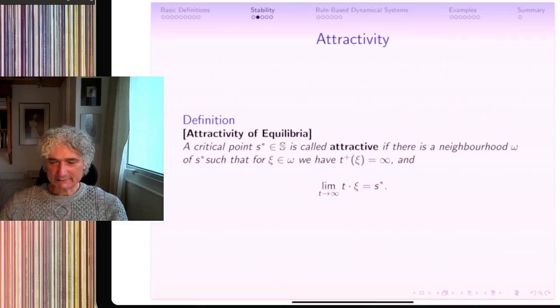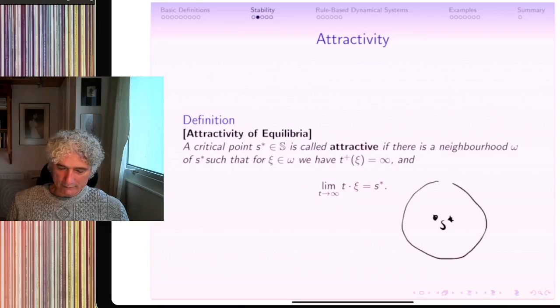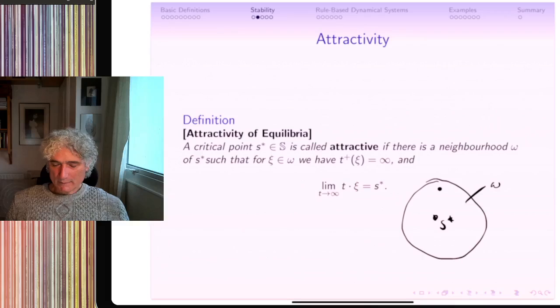So that means, in other words, if we draw that, so we have here somehow our point s star, and we have here our neighborhood omega, say a little ball around it, and we start here inside. And now, first we could have anything.